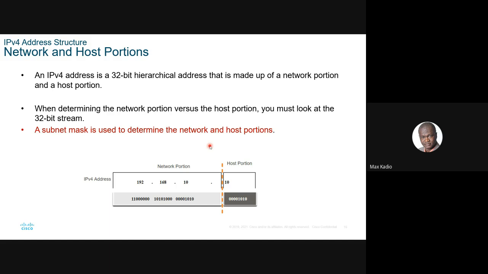All names starting with, let's say, Kumalo, Kumalo Jane, Kumalo Michelle, always Kumalo, they belong to the same family, the same network. That's why the subnet mask is there to help us identify in which network that IP address belongs.